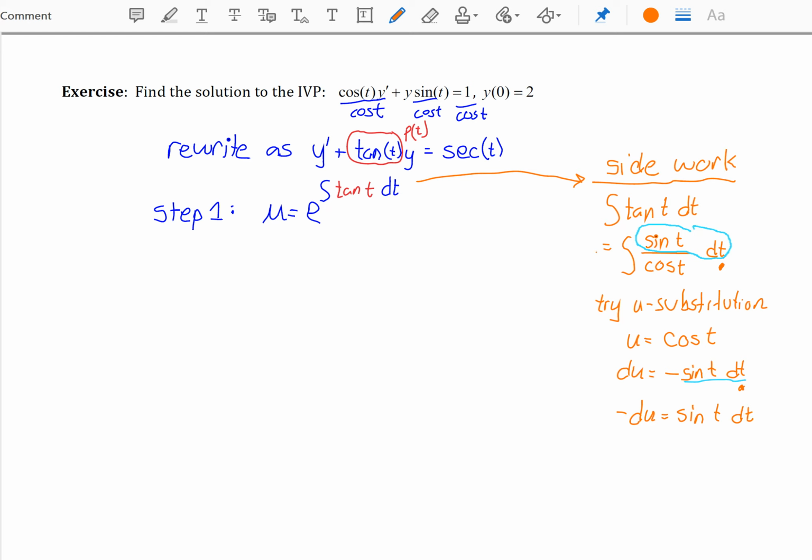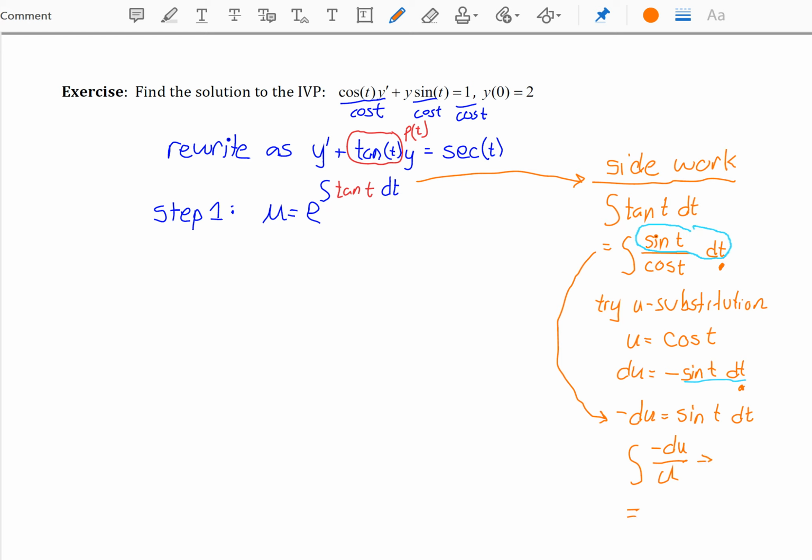Which now means we can rewrite this integrand as the integral of u in the bottom, since the cosine of t is really u. Sine of t dt is really negative du, which we remember the antiderivative of 1 over u.